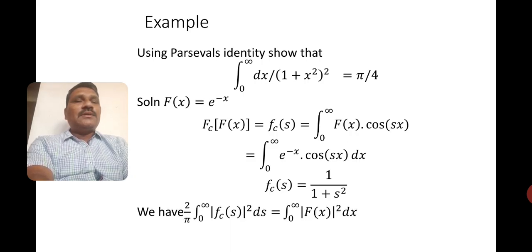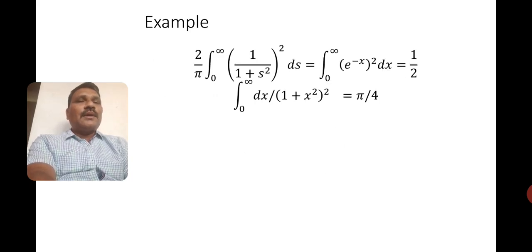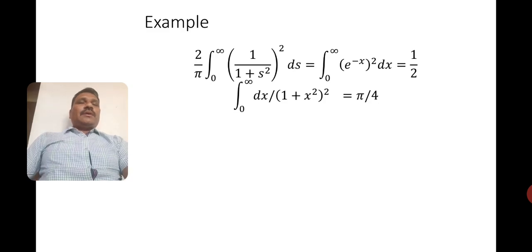So we have this result: 2 by pi integral 0 to infinity f c of s whole square ds is equal to integral 0 to infinity capital F of x whole square dx. The same thing I'm going to write here.